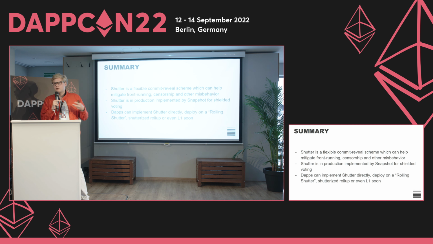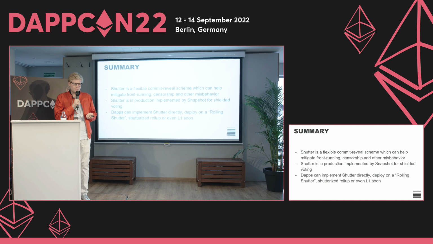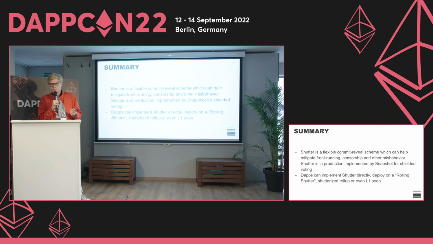And then for dApp developers who may be listening, they can implement Shutter directly as the on-chain smart contract version, or ideally deploy at some point, when we have that ready, on a shutterized front-running protected rollup, or in the future maybe also on a shutterized L1.